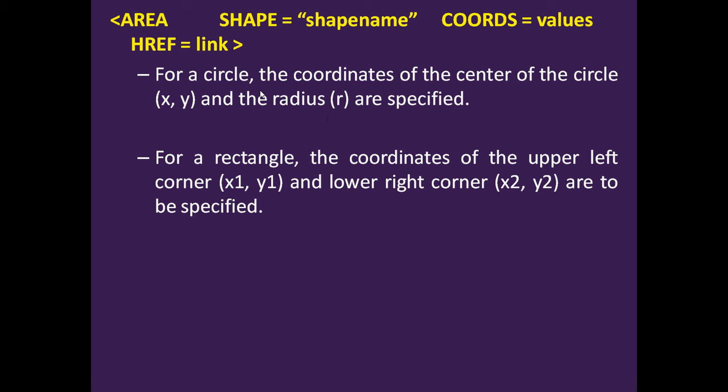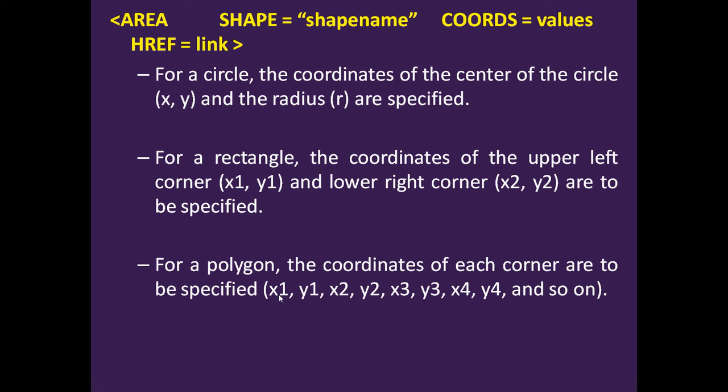Next, if the shape is a rectangle, we have to supply x1, y1 and x2, y2, where x1, y1 represents the upper left corner coordinates and x2, y2 specifies the lower right corner coordinates. That is, bounding the rectangle you have to specify.